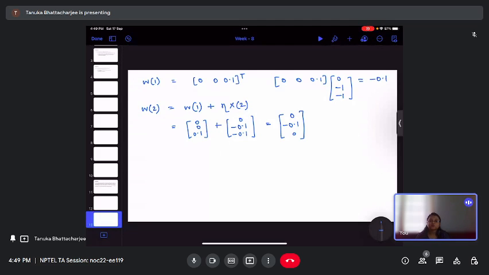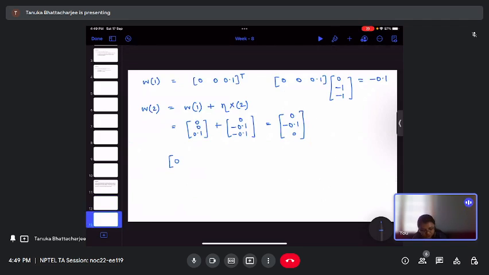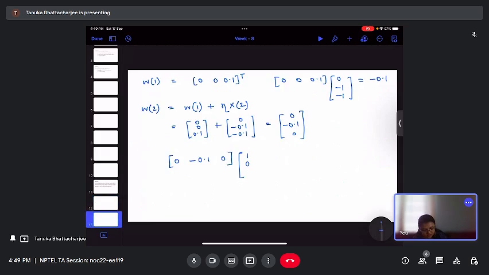Now, you will try to classify the next example using this weight vector. So, the third example that you have is 1 0 1. So, you will try to compute 0, minus 0.1, 0 with 1 0 1, this W transpose X, this inner product, and again you are getting 0. So, the third example is also misclassified.